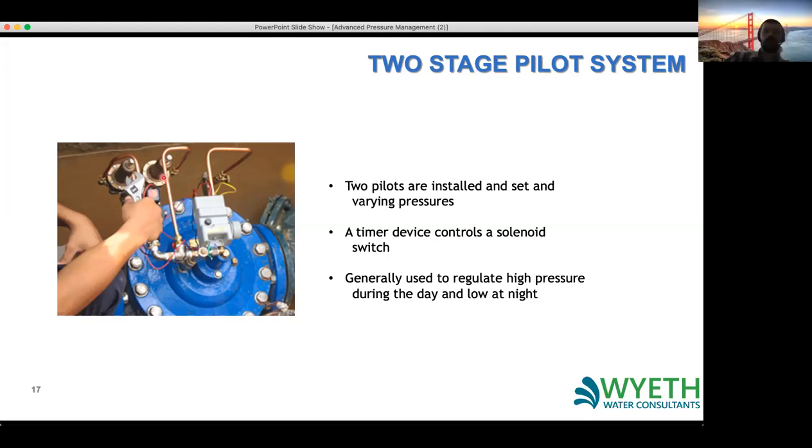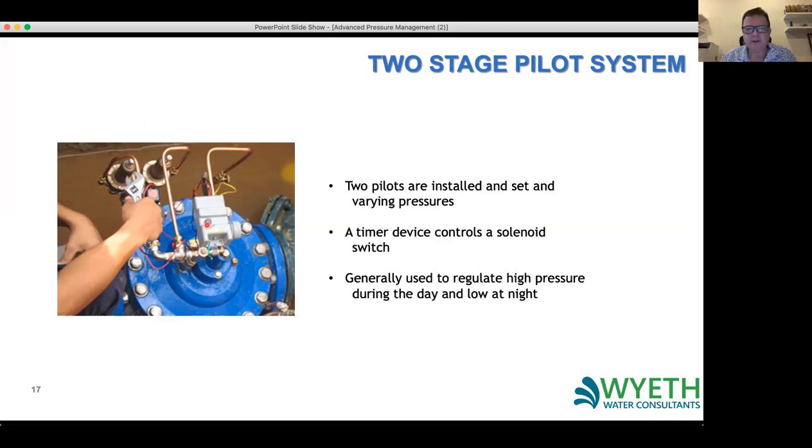So these two pilots let you switch between a high pressure and a low pressure based on time, with one regulating the pressure at night and the other during the day.